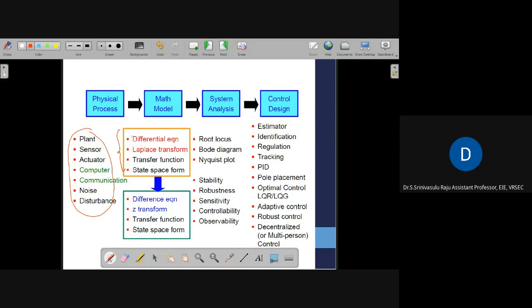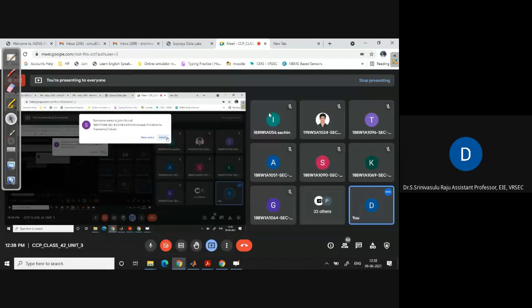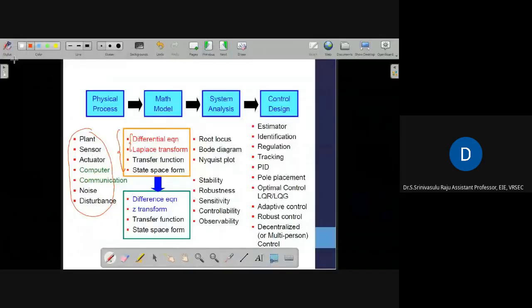Once you have the equation in this form, you can easily get the transfer function or state space representation. These four are related to continuous time. In a similar way you can extract the mathematical model in the discrete domain by using difference equation and Z-transform methods. This is the continuous domain, and this is the discrete domain.